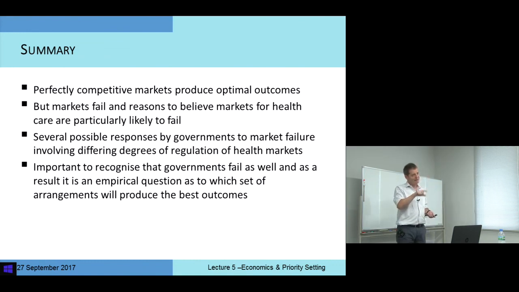But that still requires a whole series of decisions about quantities to provide, technologies to use, where to provide services. And can you be confident that some committee is going to make the decision in a much more effective way than leaving it to individuals and individual organisations?